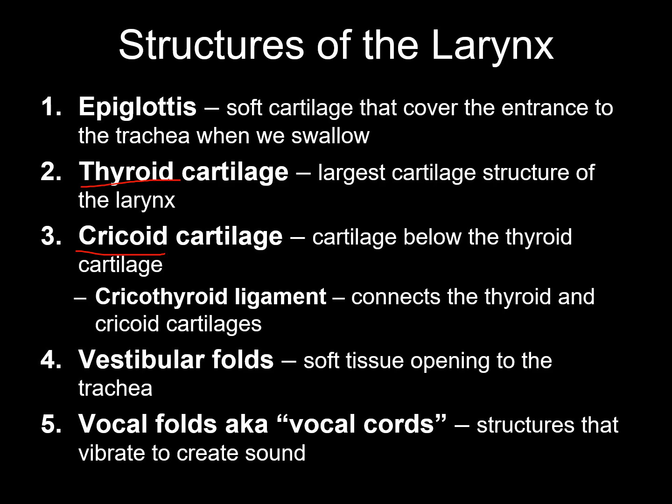So the vestibular folds are essentially just soft tissue, and they're the false vocal cords. So they just hold the vocal cords in place and tether them to the cartilaginous structures. But then we have the vocal folds or vocal cords themselves, and essentially those are what are going to be vibrating and creating the sound.